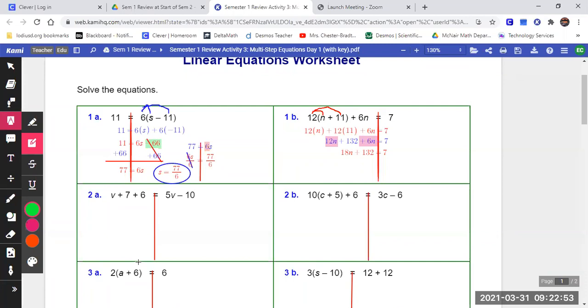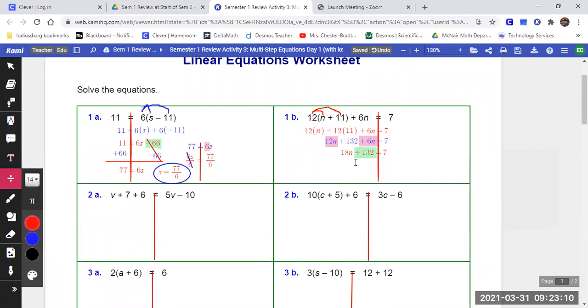The 132. So how are we going to big zero this positive 132?